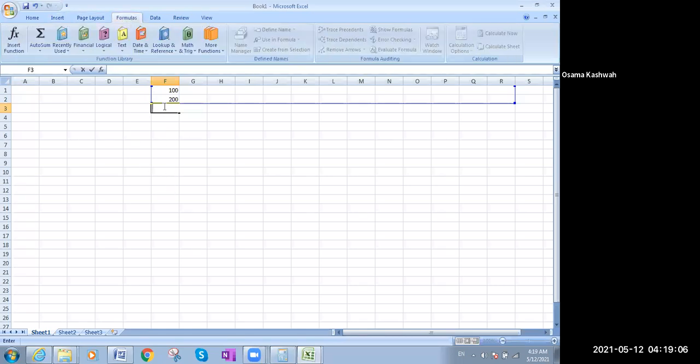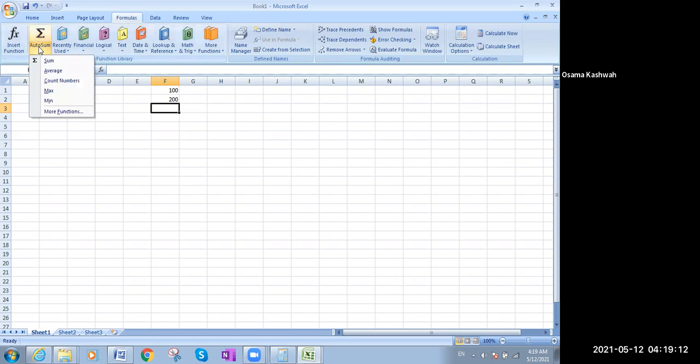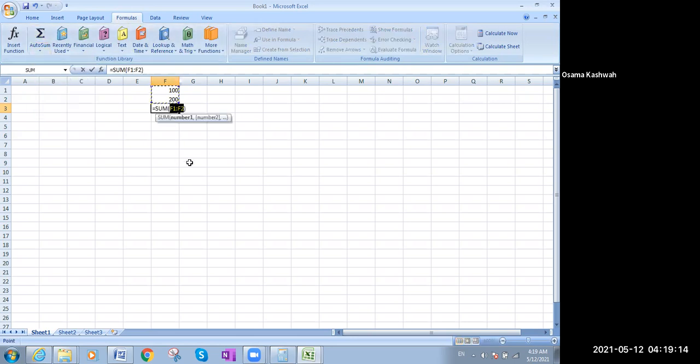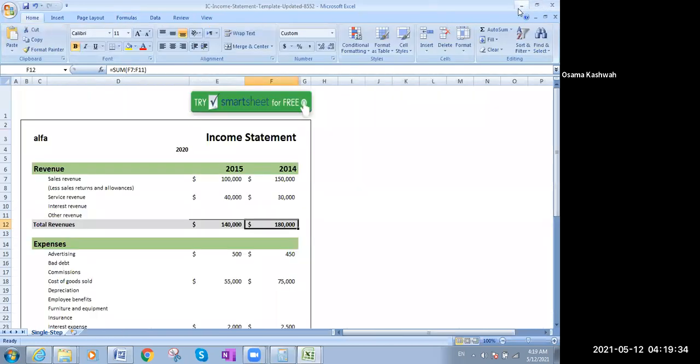So I want the summation of this, auto sum, and I will tell it sum. So it will ask what do you want? 100 and 200, that's fine. Okay, here you got it, 300. So this is another way to calculate the sum in the Excel program. So we have two ways. And I showed this before in one of the videos, please watch it back.